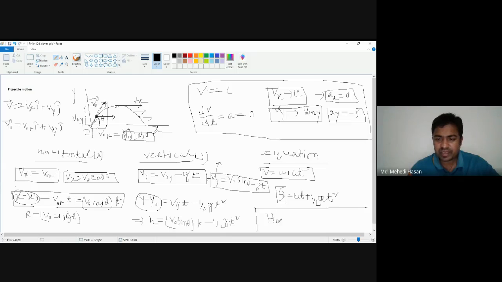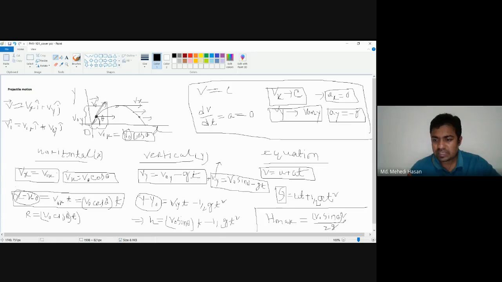So h max is equal to v naught sin theta square divided by 2g.